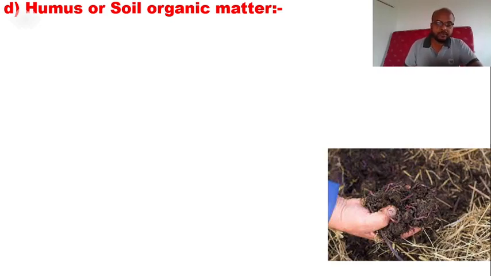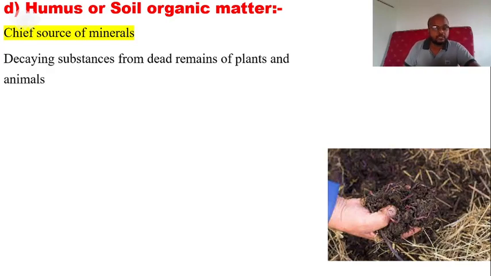So the humus mainly consists of the plant and animal remnants which are added into the soil. The complex organic matter may be in the form of protein, carbohydrate, lignin and cellulose. That means humus is a source of protein, carbohydrate, lignin and cellulose.